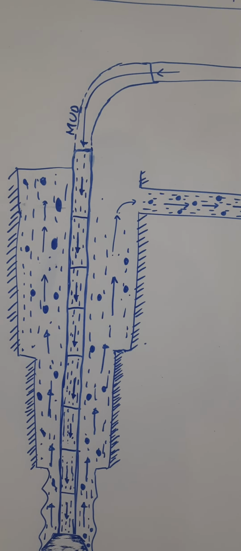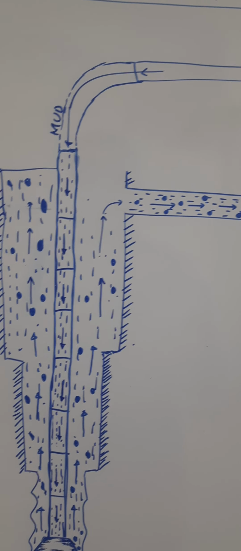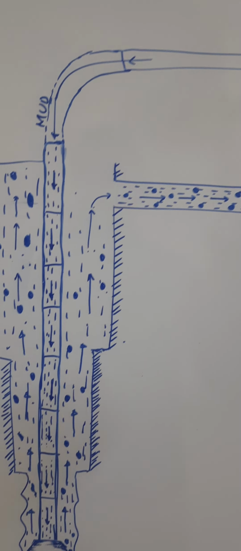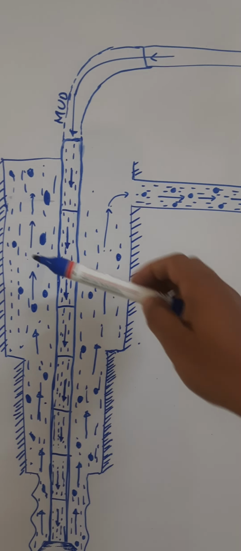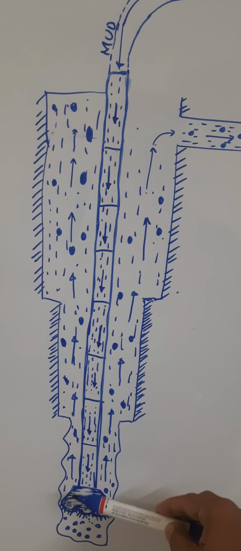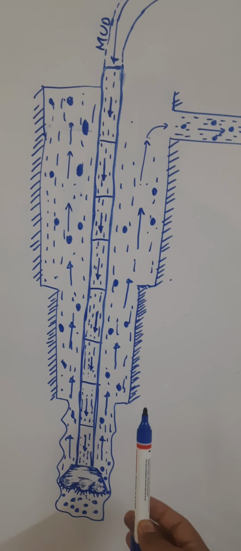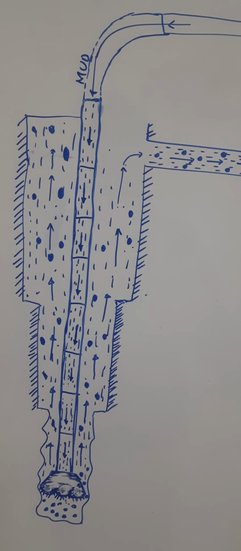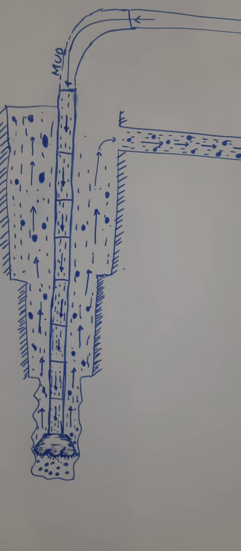Those chemicals help us remove these cuttings and keep the hole we are drilling stable, so that it doesn't collapse while we are drilling. These chemicals have various properties.